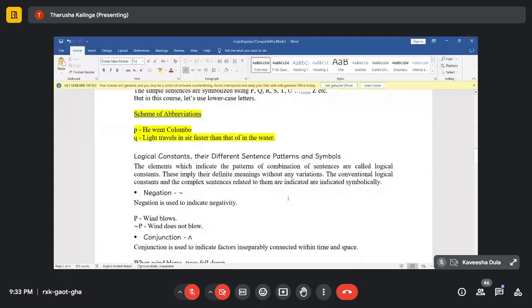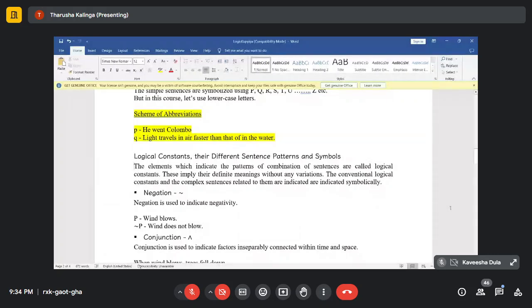Then logical constants and their different sentence patterns and symbols are the next thing we are going to understand. The first thing we talked about was the variables, and next we are going to talk about the constants.